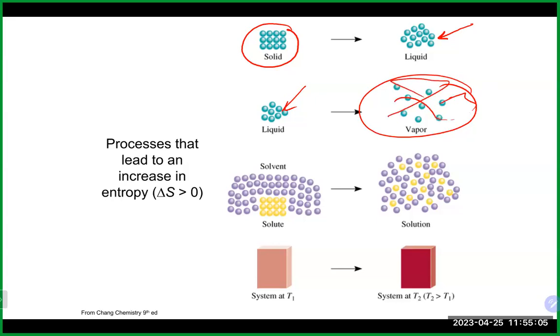The process of actually making a solution is a process that increases the entropy for both parts of the solution. Remember that a solution is made up of a solute, which is the stuff dissolved, and a solvent, which is the larger part of the solution.